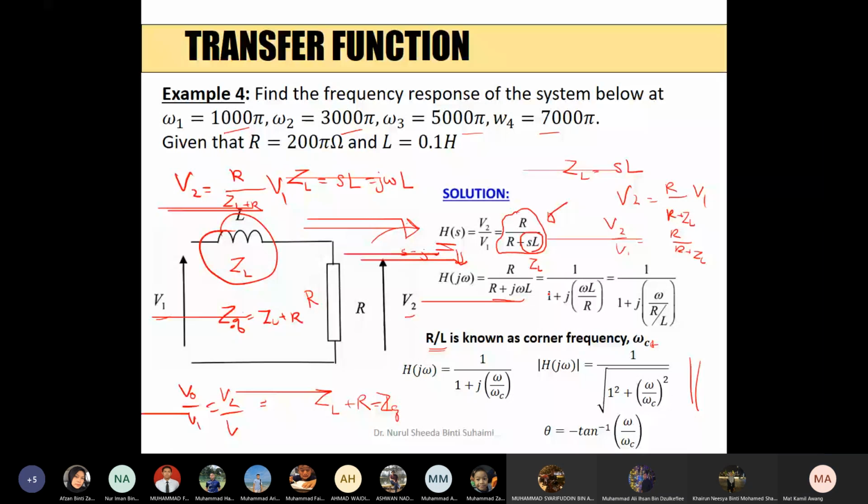So basically you get 2000 pi. So omega over 2000 pi here. Then omega here, you just substitute with 1000 pi for the omega 1. Then you do the calculation, so you get this answer.